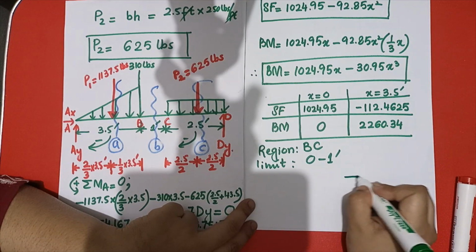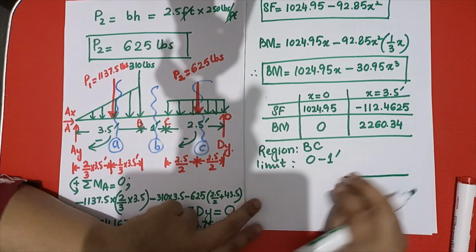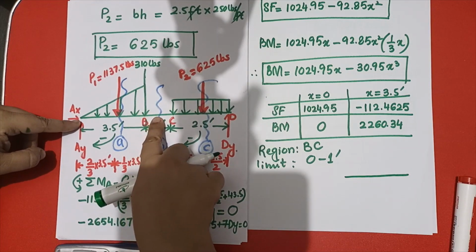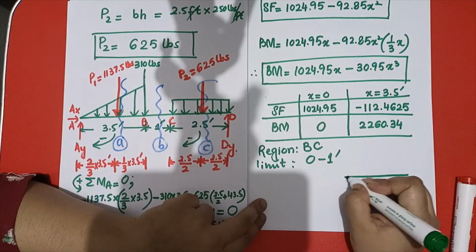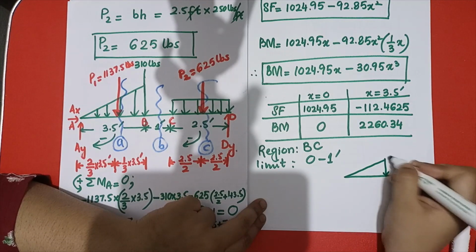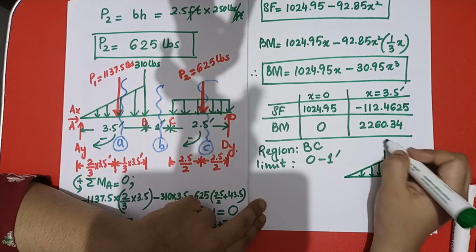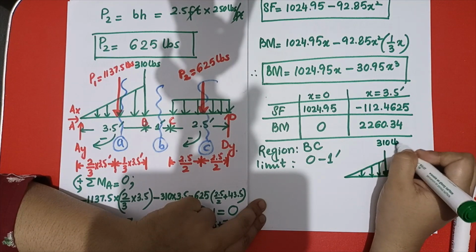Because we are having the section cut at B, we will take this whole portion. This is AY, and we are having a point load over here, 310 pounds.